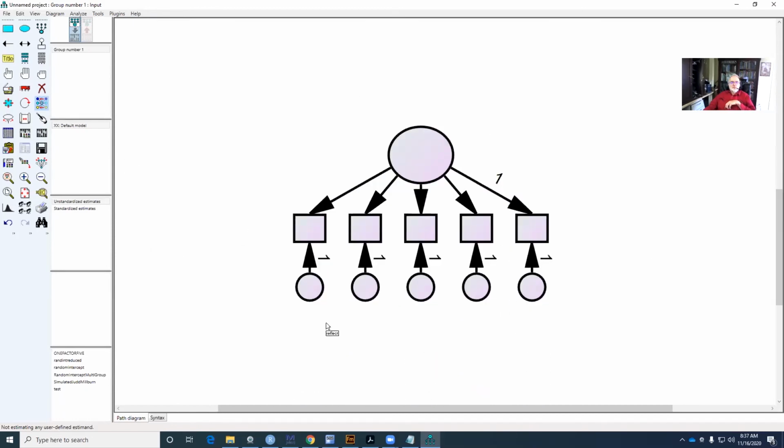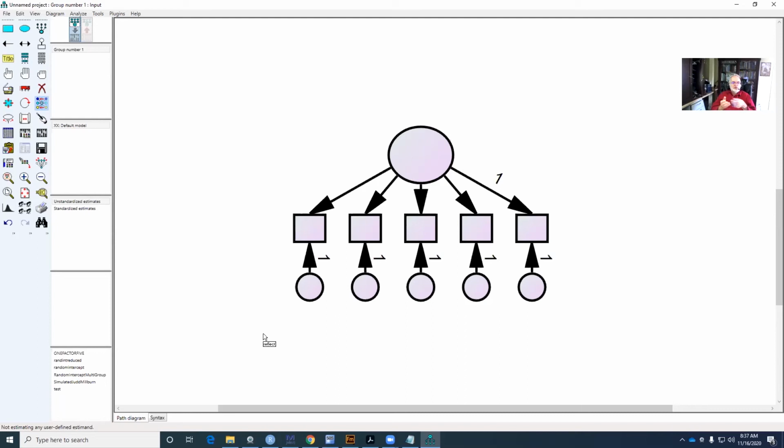Now, you can fit this model. So I've got 5 indicators going on, and you'll get a chi-square out. The problem is that there's more than one diagram with causal indicators here that will fit this just as well in terms of chi-square.